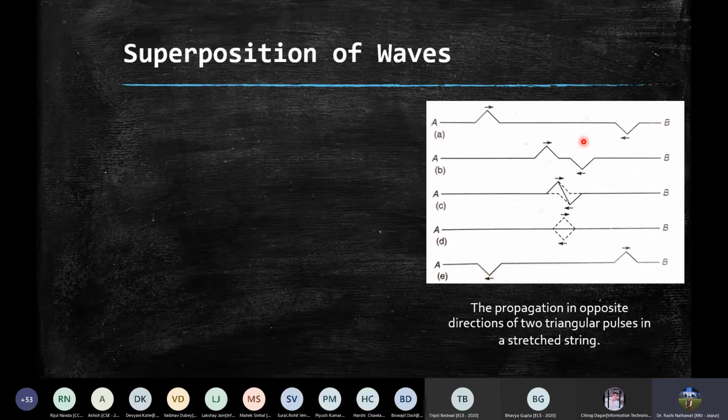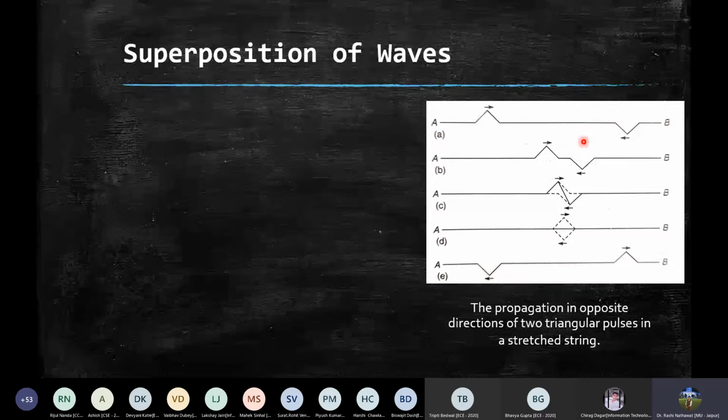Imagine you are dropping two stones simultaneously, and how the waves will generate and interact. At some points you will have zero disturbance, but at some points you will have the maximum. This is known as the principle of superposition, which was first discovered by Young.